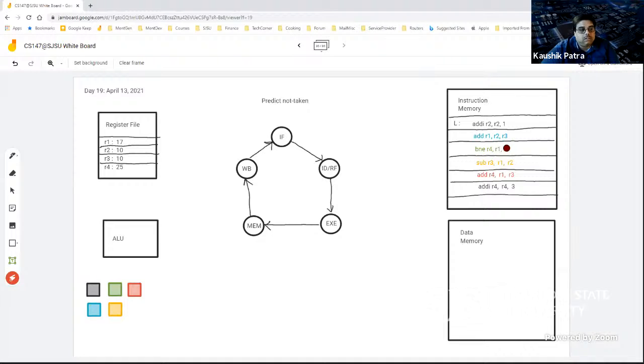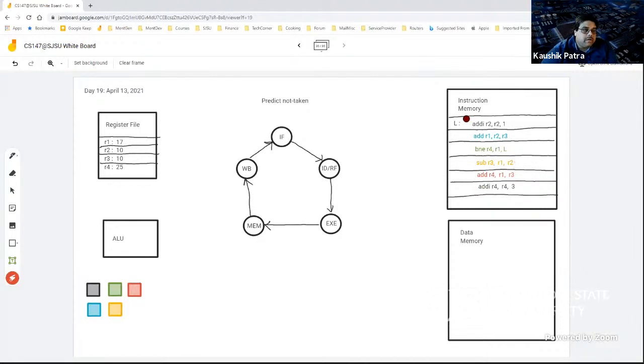And if they're not equal, it jumps back to this instruction and repeats this whole loop. And once the loop is done, it goes forward and proceeds with the other instructions. That's the intention of this program.